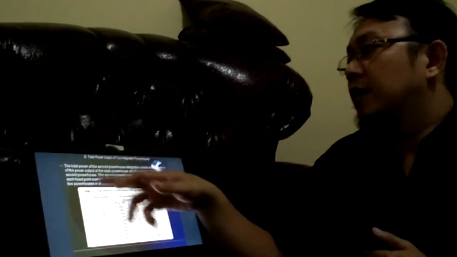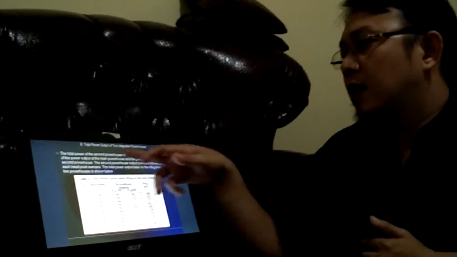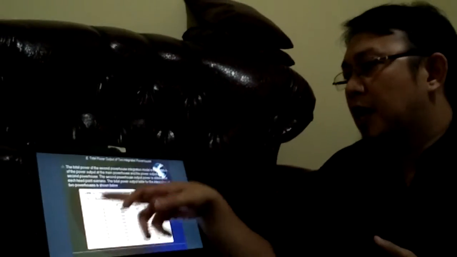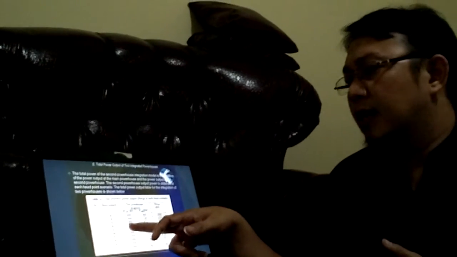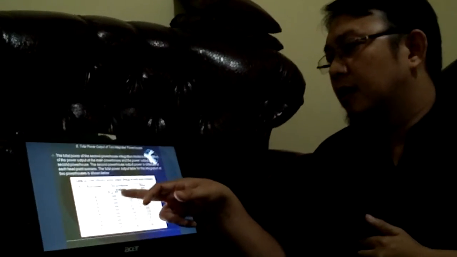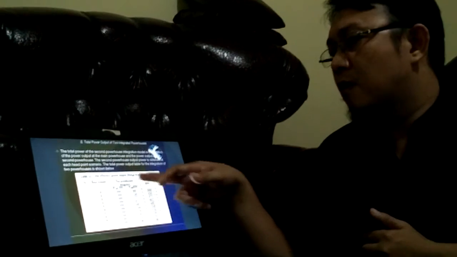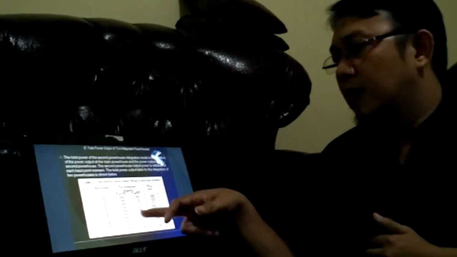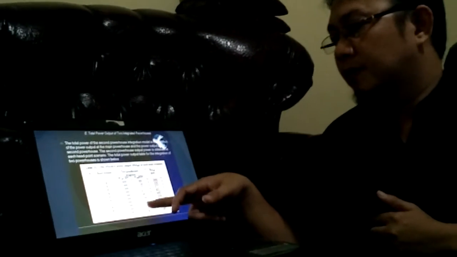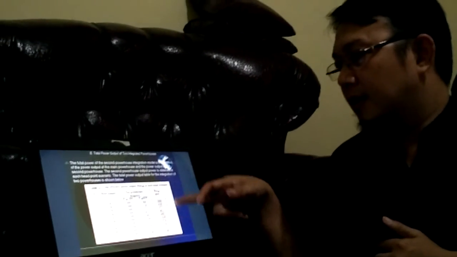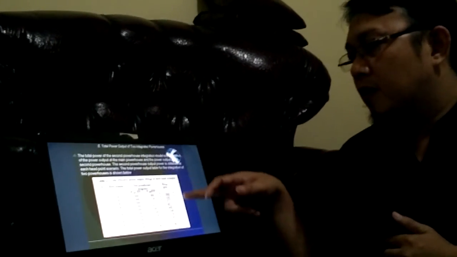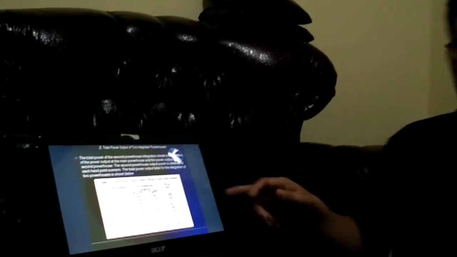Total power output of the integrated powerhouse, head scenario: P1 is 3,000 kW, P2 is the effective power 2, and this is the total effective power.